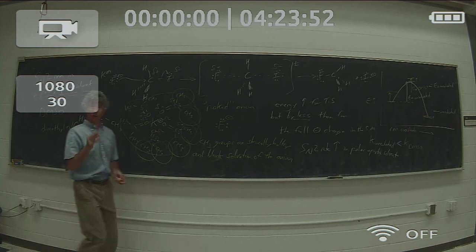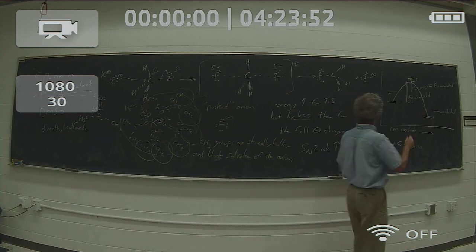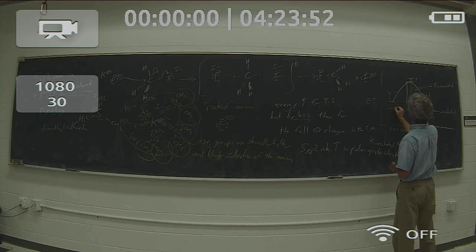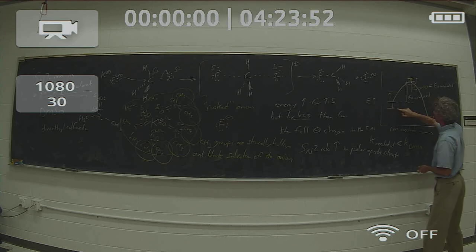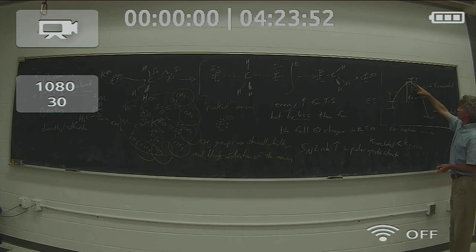For methanol, we would see that the energy drop for the starting material was larger than the energy drop on the transition state.